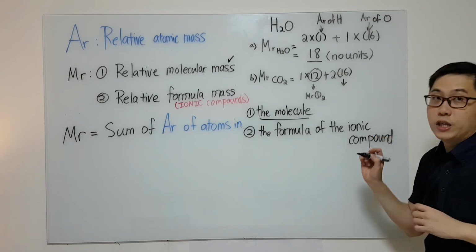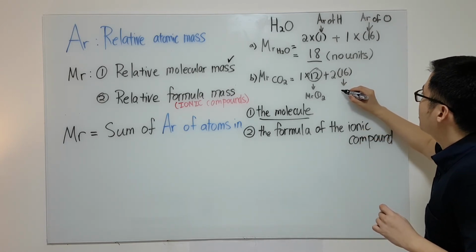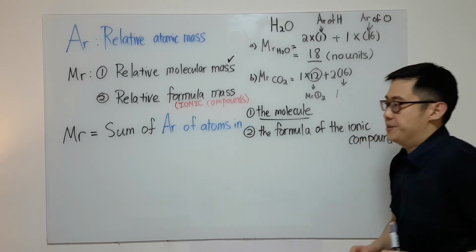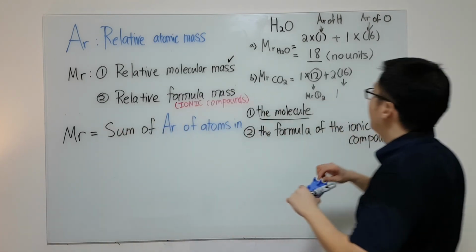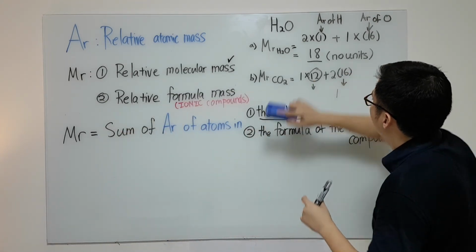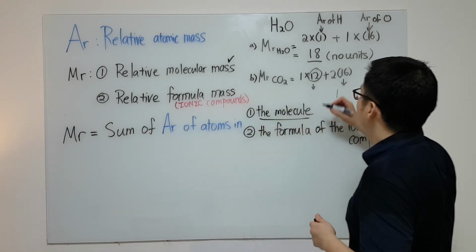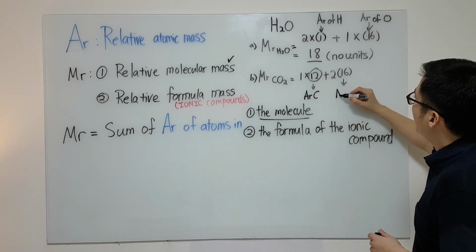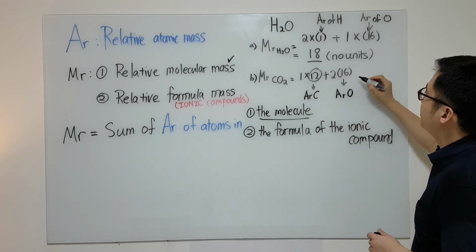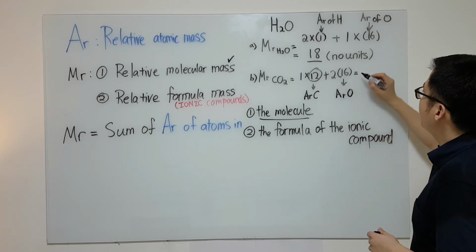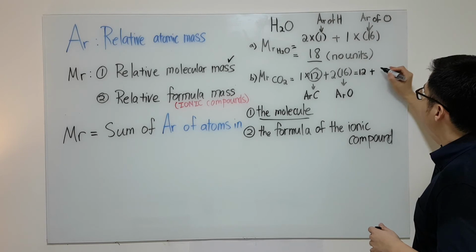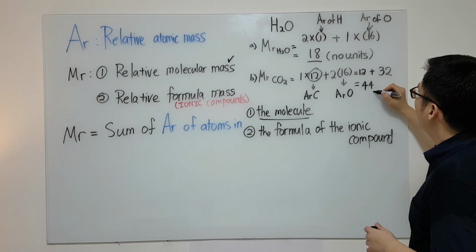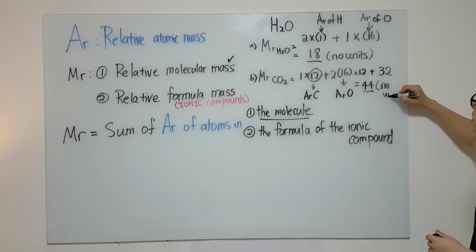Sorry, I made a mistake. This 12 here is actually the relative atomic mass, the Ar of carbon, and this is actually the Ar, relative atomic mass of oxygen. So that, students, is equal to 12 plus 32, which gives us a total of 44. Again, remember, there is no units.